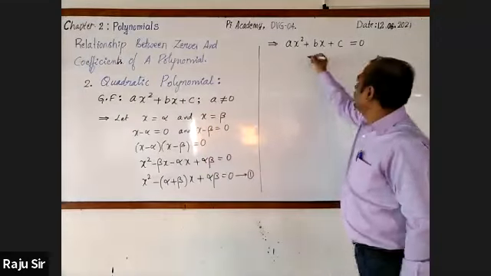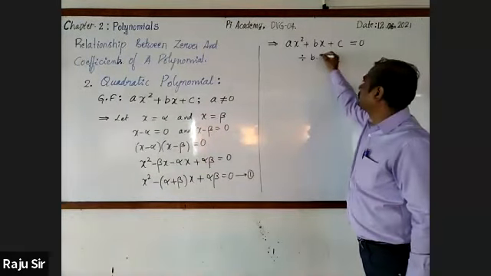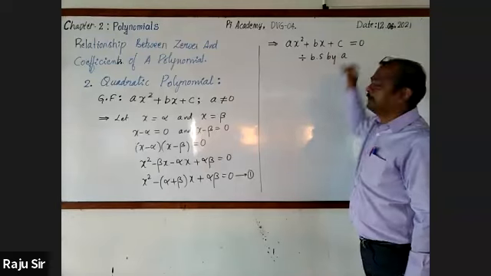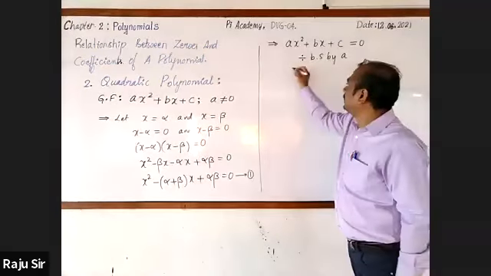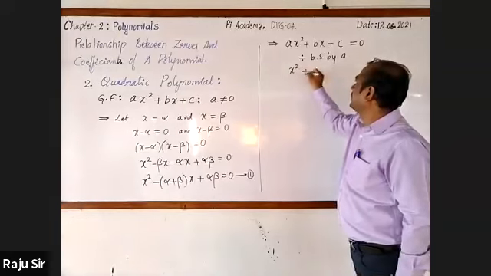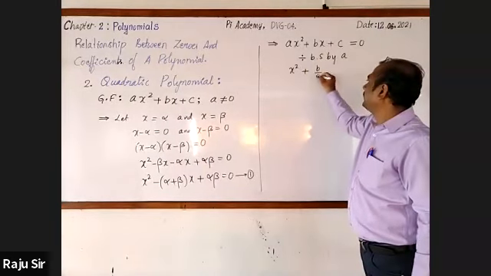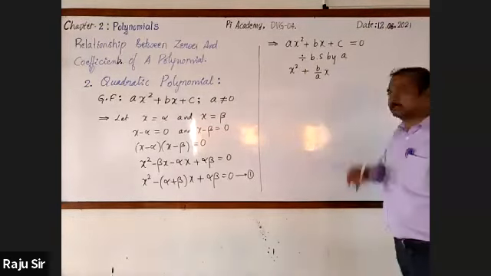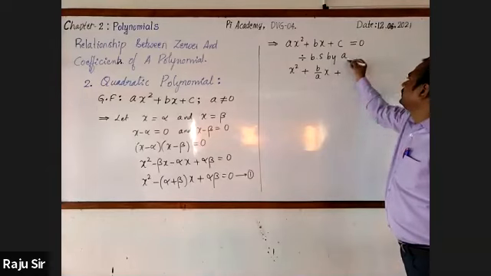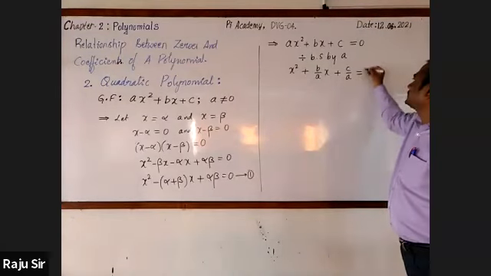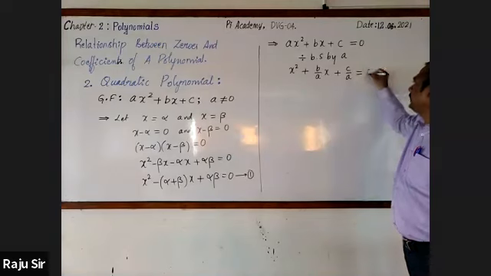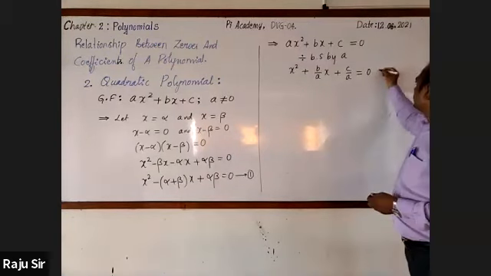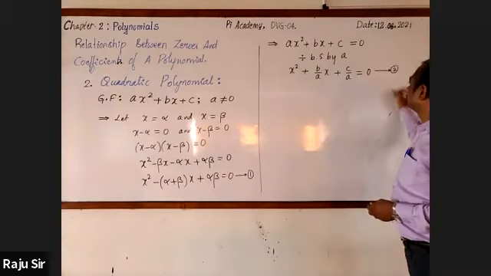That is why let us divide both sides by a. Then it becomes x square plus b by a into x plus c by a is equal to 0 by a, which is 0. Call it equation 2.